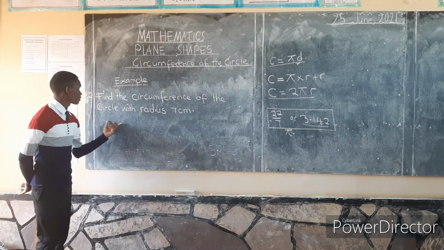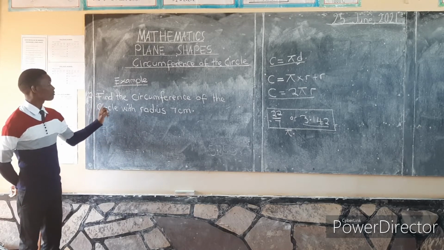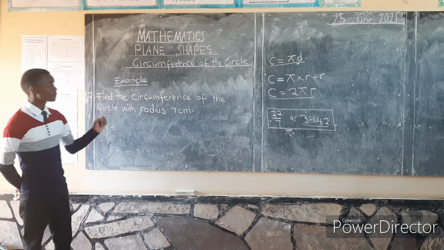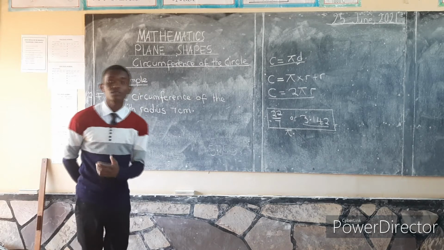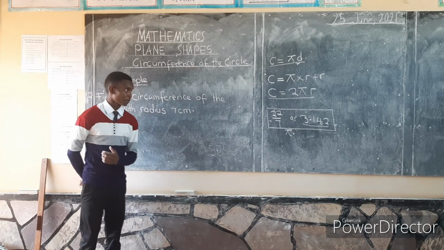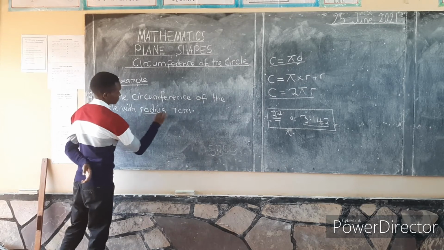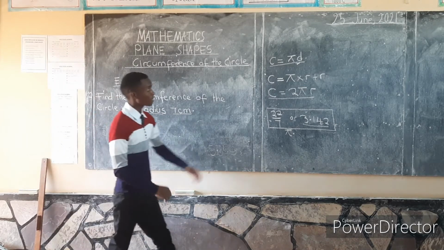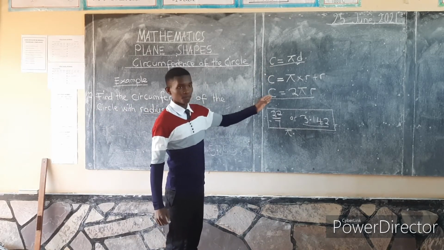In this case, we have the example which is saying find the circumference of the circle with radius 7 centimeters. So you should know first what you have been given. And in this case, you've been given the radius, which is 7 centimeters. So which formula are you supposed to use between this one and this one?